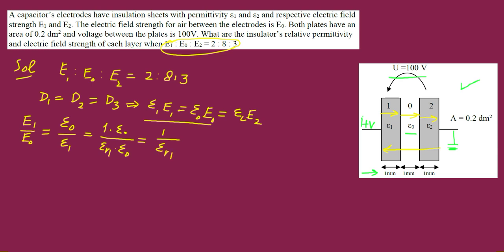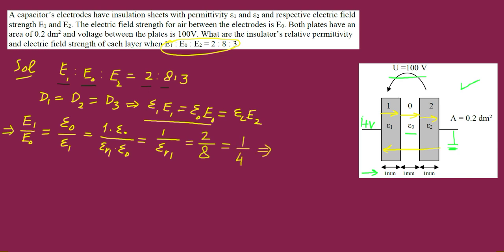And from the given ratio, we can see that E1 over E naught is equal to 2 over 8, which is equal to 1 over 4.